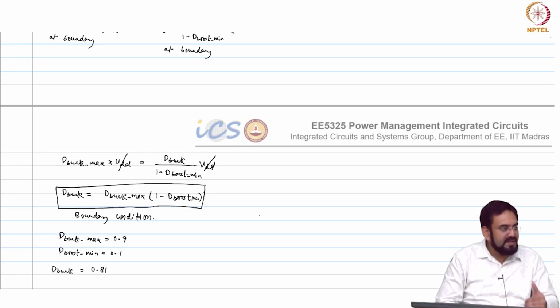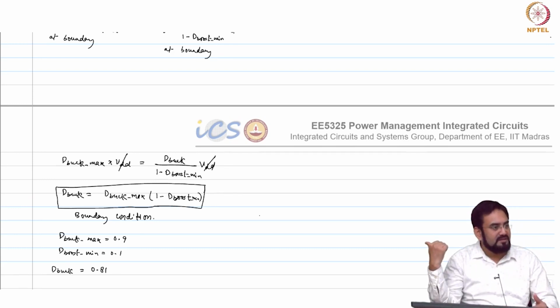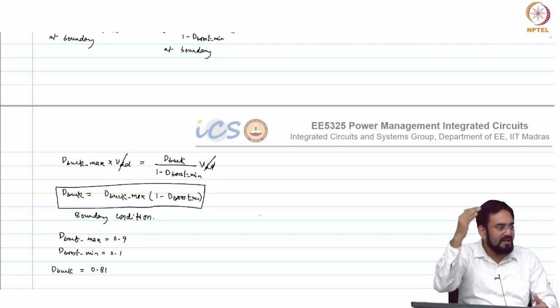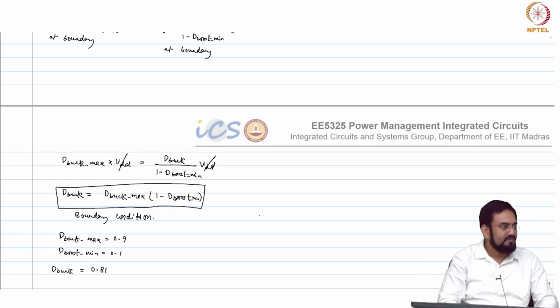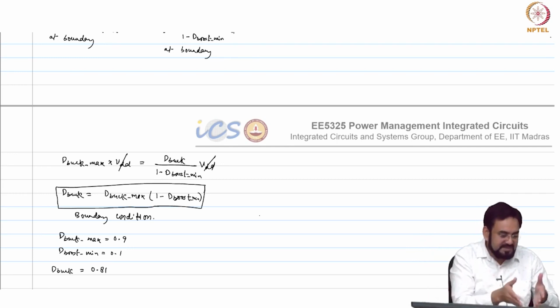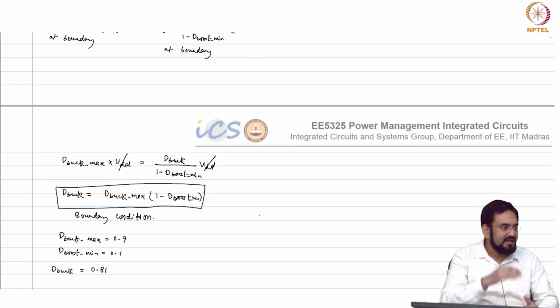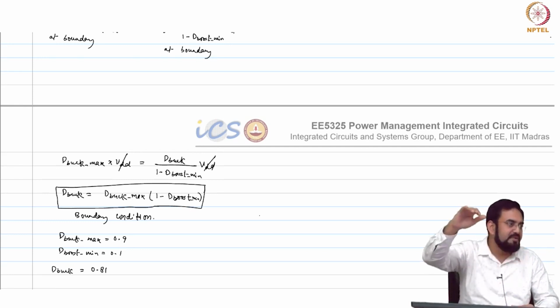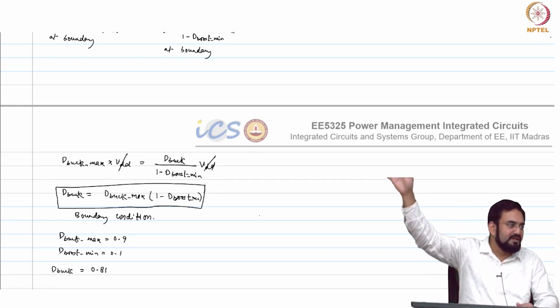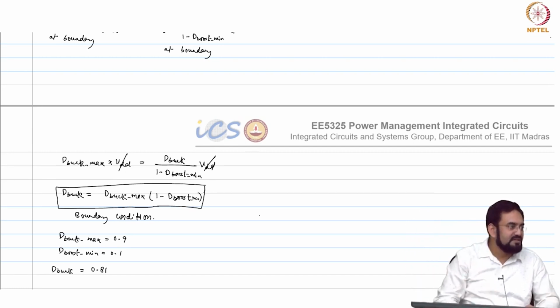So when you are operating at 0.8 buck and you start increasing the boost duty cycle, what will happen to the inductor current when you increase the boost duty cycle? It will start increasing, but if I fix D boost at 0.1, I still have a 10% margin, and start increasing the D buck and let it go until 0.9, my inductor current will not change.